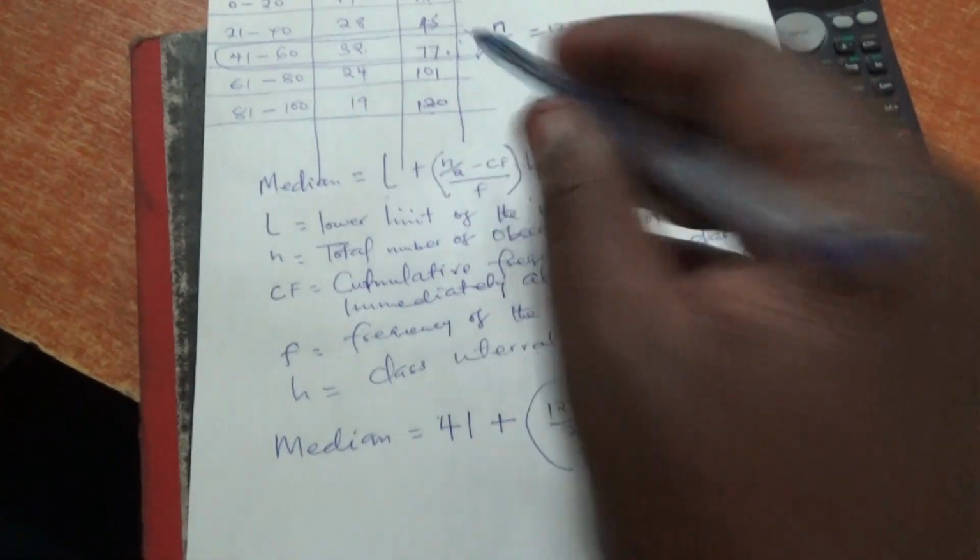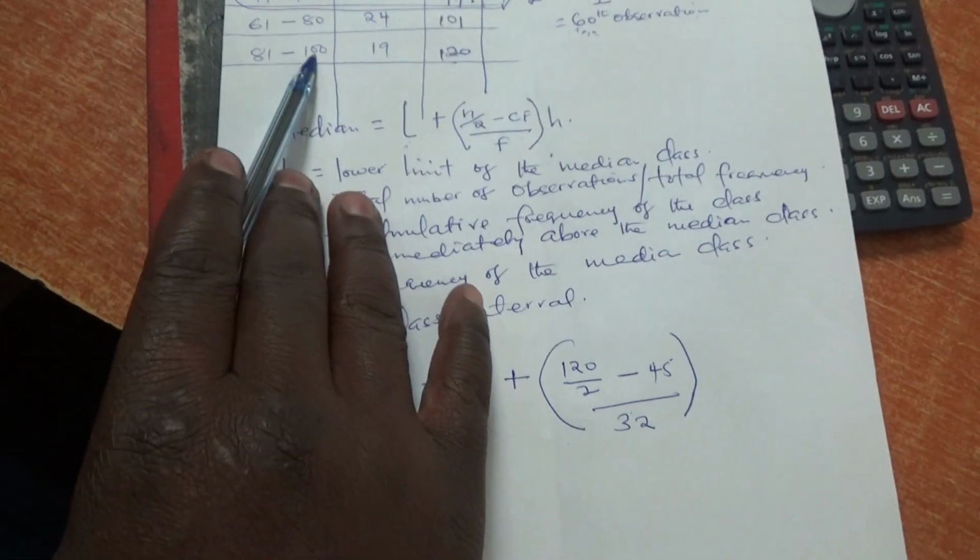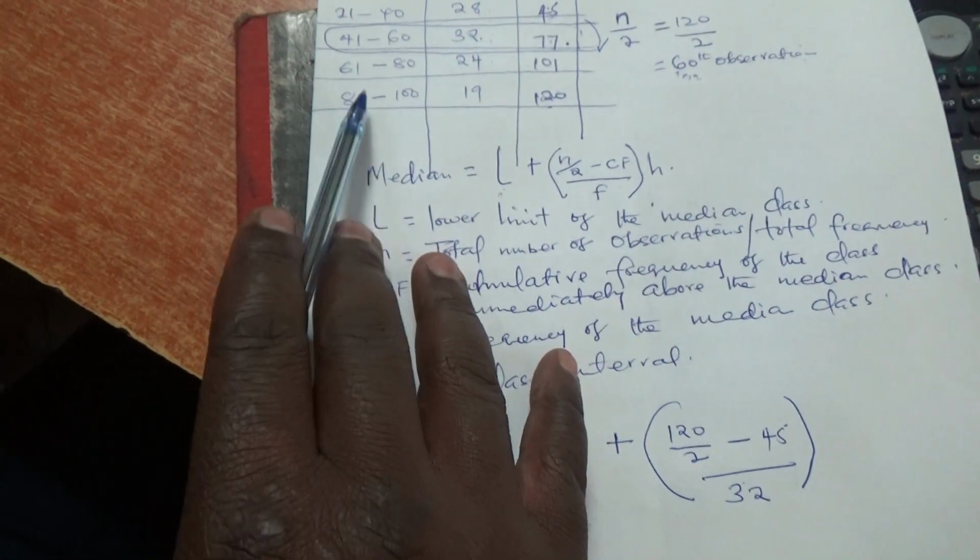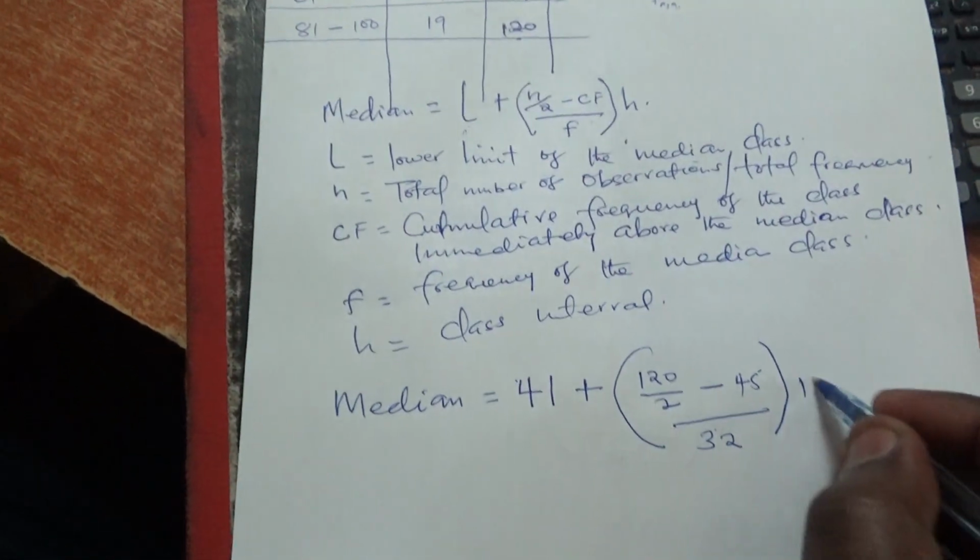And H is the class interval, 100 minus 81, which gives 19.